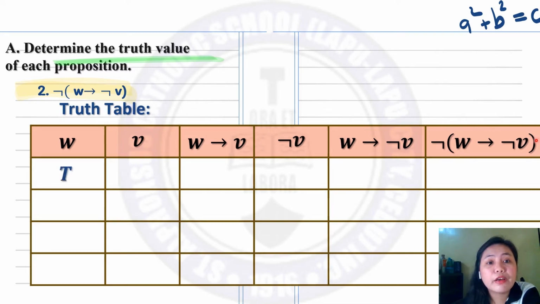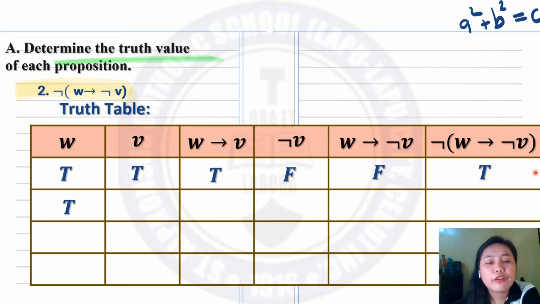Okay, so if W is true and V is true, then the implication of W and V must also be true. Now, as we get the negation of V, its negation is false. And as we get the implication of W and not V, the implication is false. And as we get the negation of false, the answer is true.